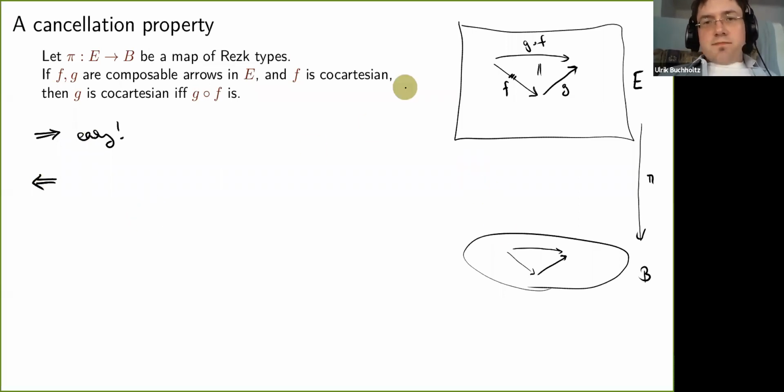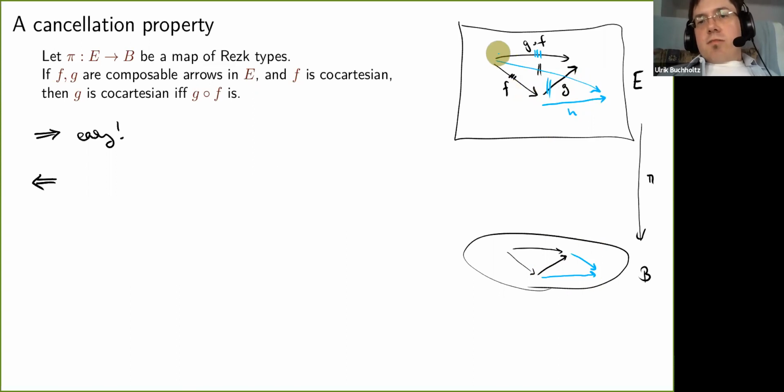So the other direction, we are supposed to show that, let's say we assume that the composite is co-Cartesian, and I want to prove that G is co-Cartesian. So I take a 2-simplex extending things here along with a map on the long edge lying over the long edge here. Let's call this H. I can compose H with F to get something here.